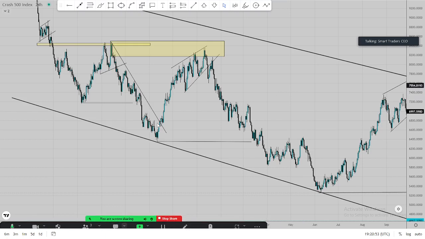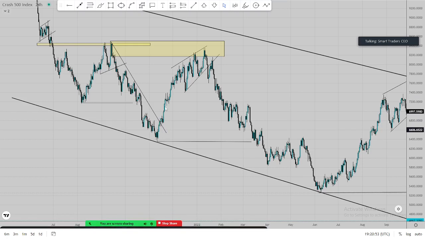So entering here upon the break, where are we targeting these buys to reach to? Right, we look to the left. The left that we're looking to is this immediate left here. Looking to the left, we look at either our previous highs.